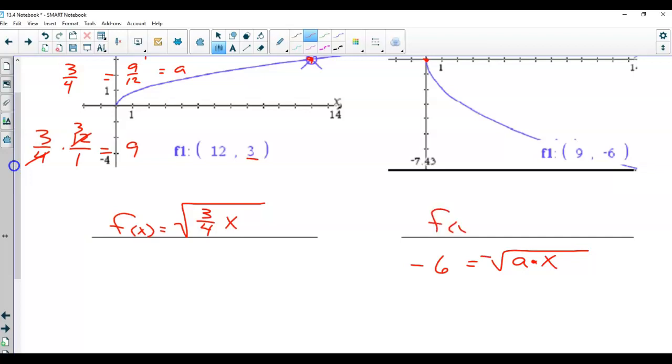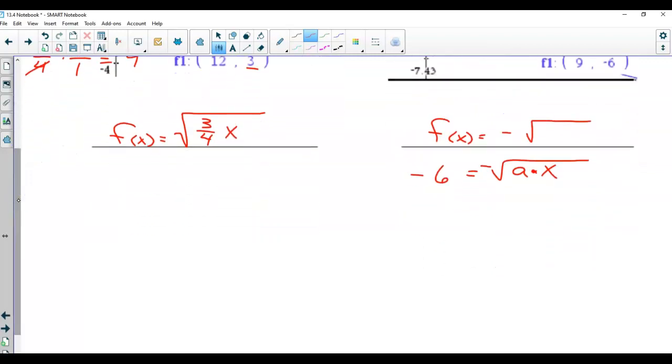So I know f of x is going to equal negative the square root of something underneath there, and I'm putting my 9 in for x, because we're saying what number times 9.